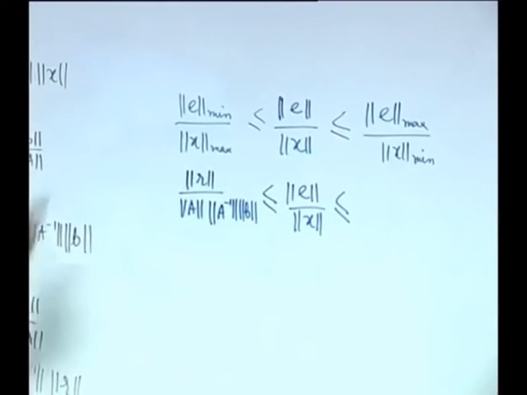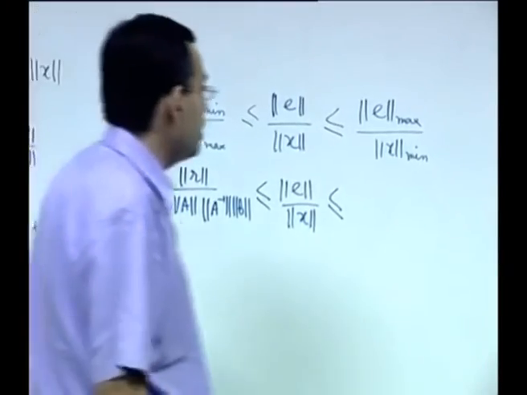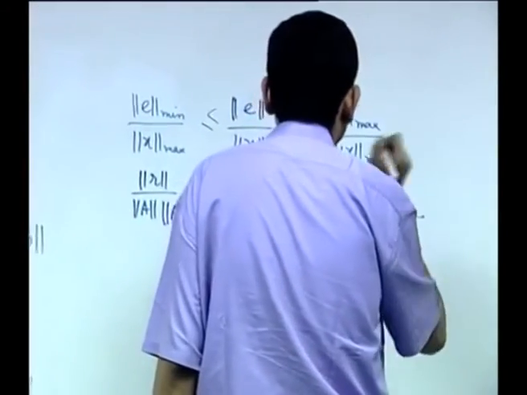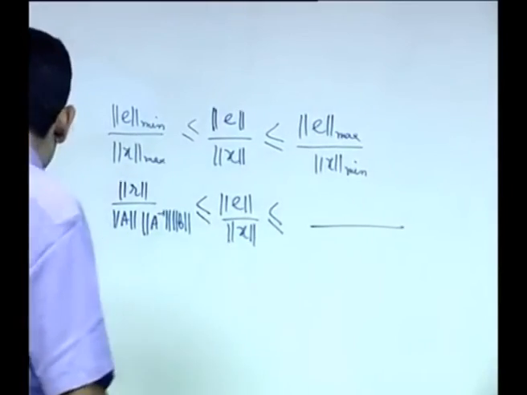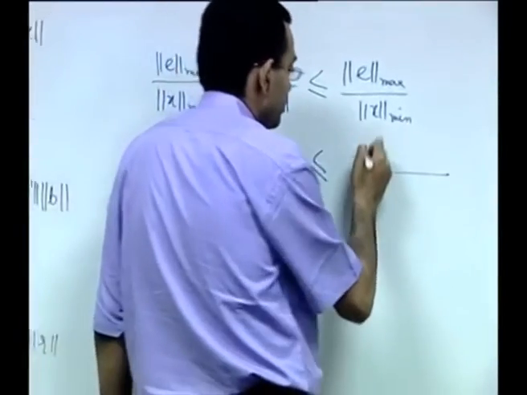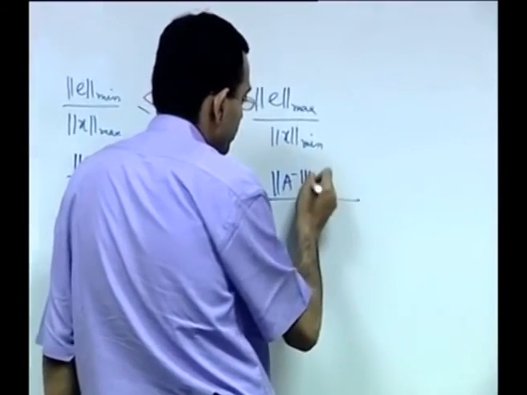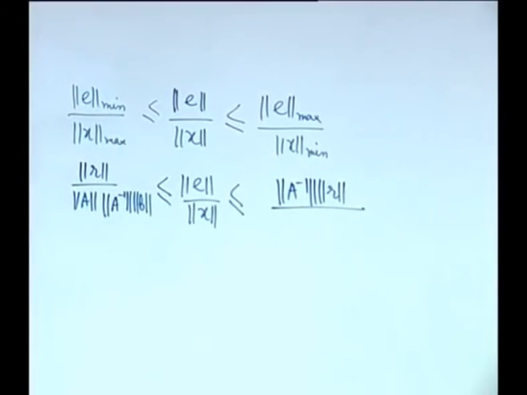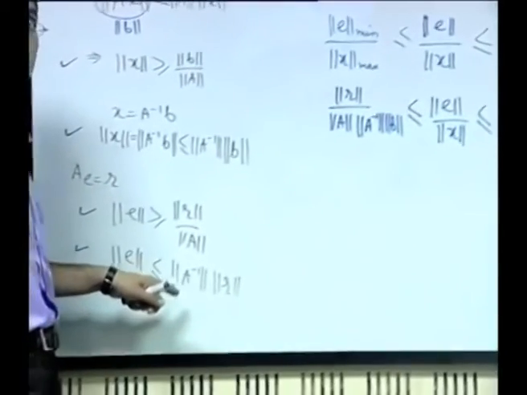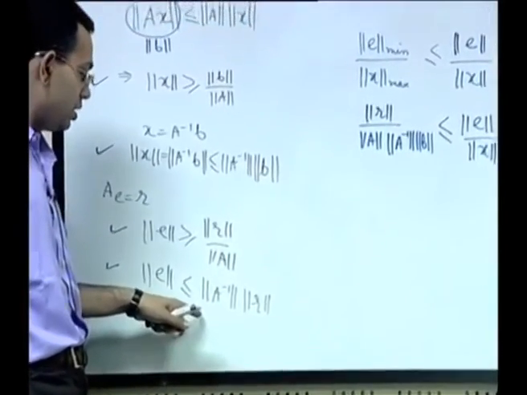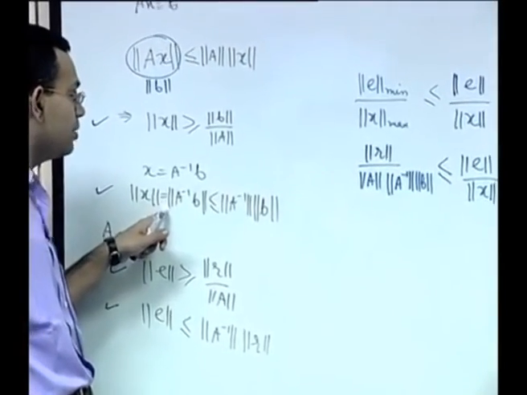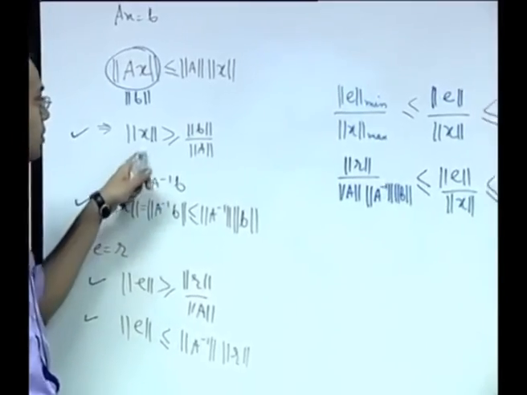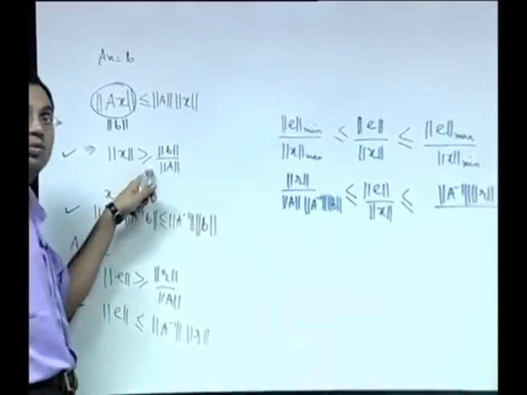Then let us go to the other side of the inequality. Norm of e max is norm of A inverse into norm of r, divided by norm of x minimum. So, what is norm of x minimum? Norm of b by norm of A.